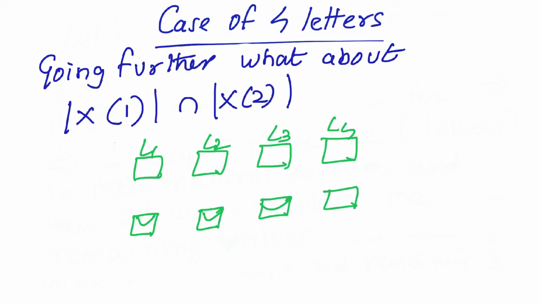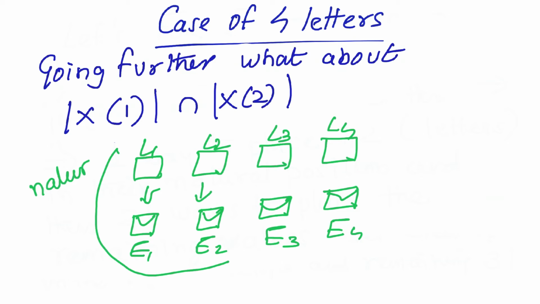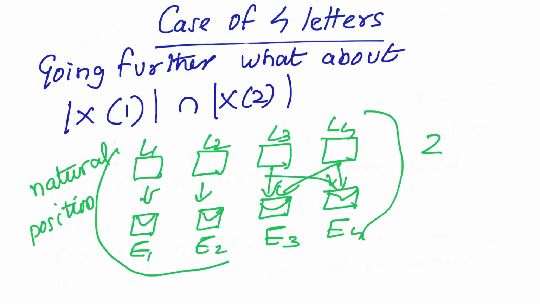So what we just discussed is L1 ending up in E1, which is its intended placement, L2 ending up in E2, which of course is the intended place for L2. Those L1 and L2 cases are the natural positions, and the other 2 have a combination, 2 factorial, that is 2 ways to do it.